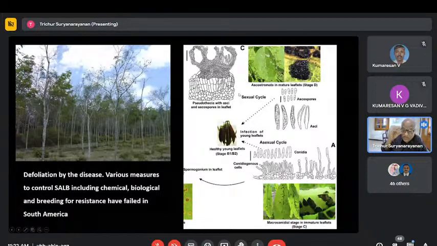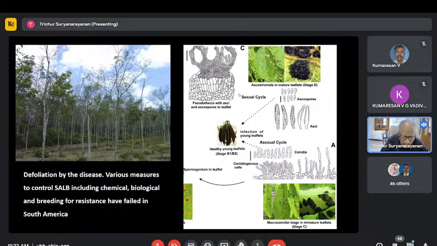Now the problem with the rubber tree is that we just cannot go and tap it. The tapping should be done at a particular stage of the plant. It should be mature enough to give latex. So far what we have seen is, first, the rubber tree produces more rubber latex than other trees.